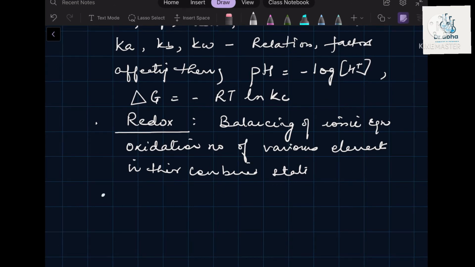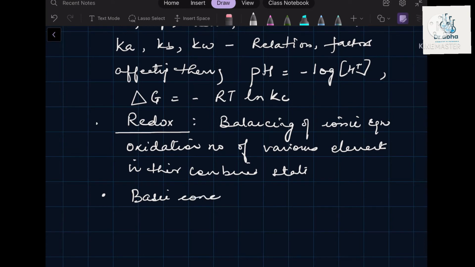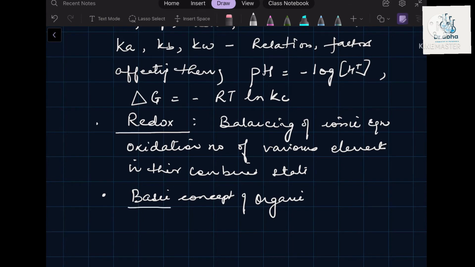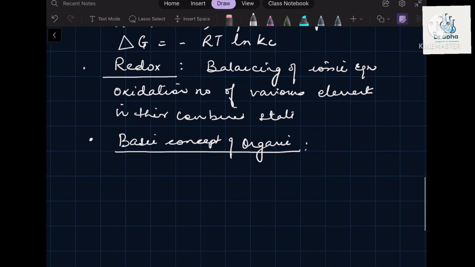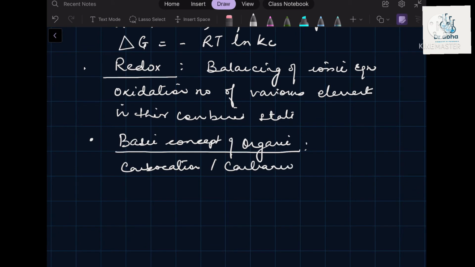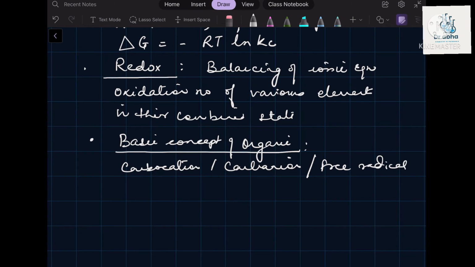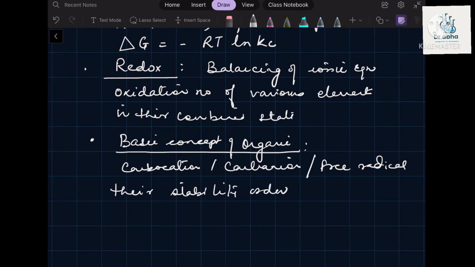Okay, and then comes unit of organic chemistry, that is basic concepts of organic. I'll just quickly tell you some of the topics which are really important. See, you must know carbocation, carbanion, then your free radical, their stability order, right?